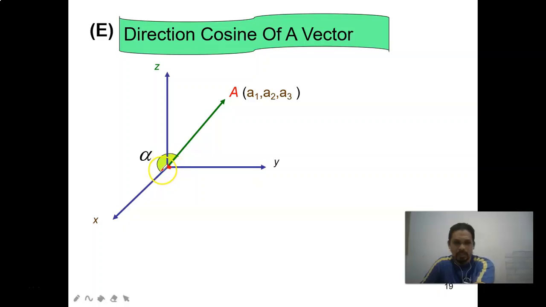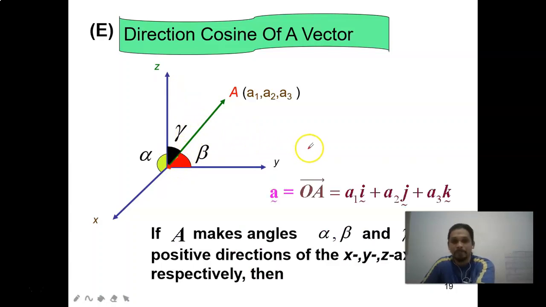Okay, alpha is what we call the angle from the x-axis to the vector OA, and beta represents the angle between the y-axis and the vector OA, and gamma represents the angle between the z-axis and the line O to A. Okay.